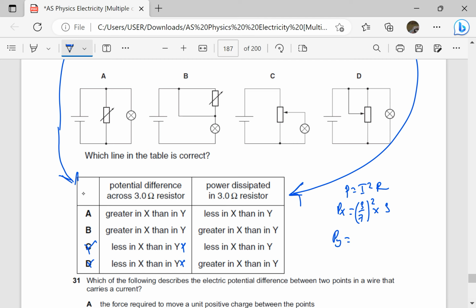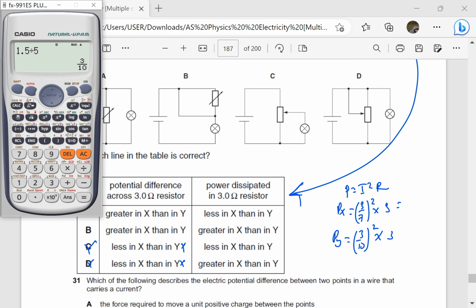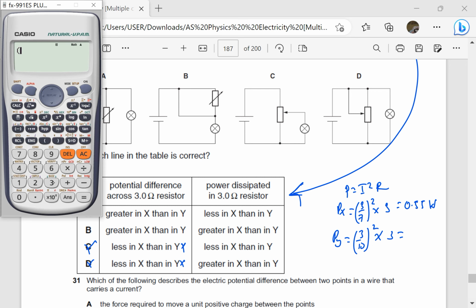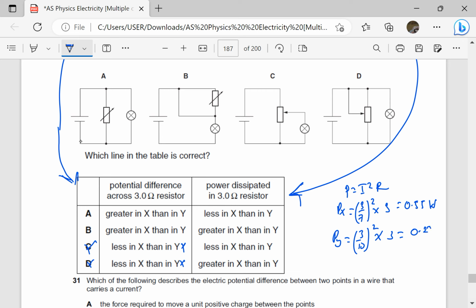The power in Y, the current was 3 over 10, squared, times 3. Checking mathematically, 3 divided by 7 squared times 3 is approximately 0.55 watts. 3 divided by 10 squared times 3 is 0.27 watts.